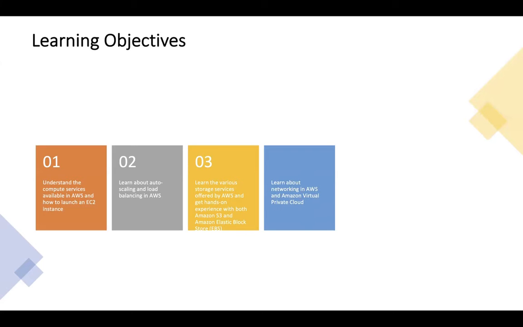Later, the fourth topic is networking in AWS and Amazon Virtual Private Cloud: how to set up a virtual private cloud, how to create subnets, what IP address range you can give, and how to distinguish between private and public subnets. All these topics we are going to cover in this session.